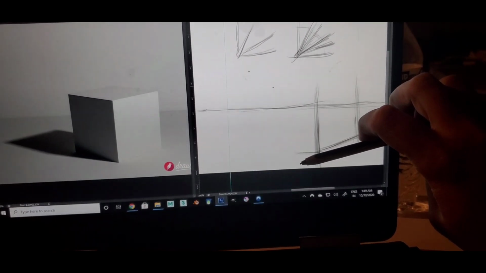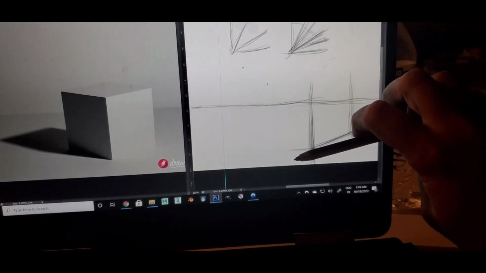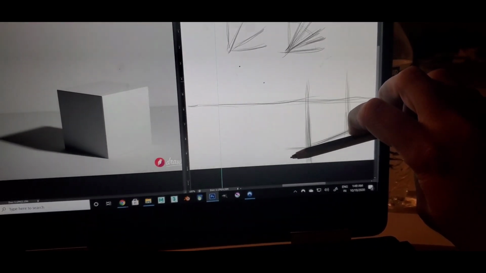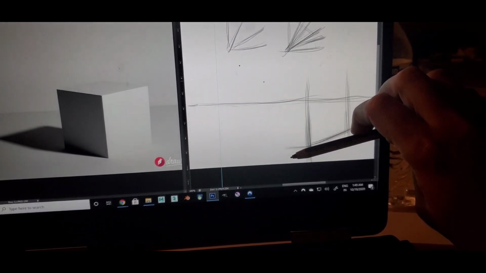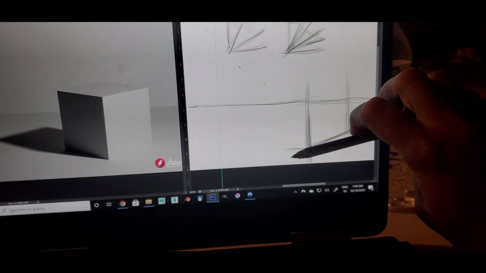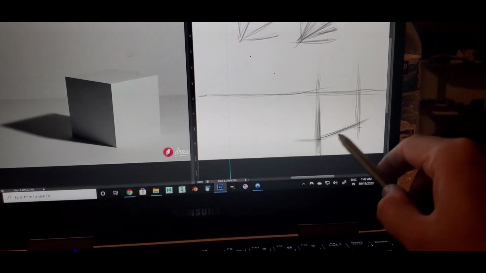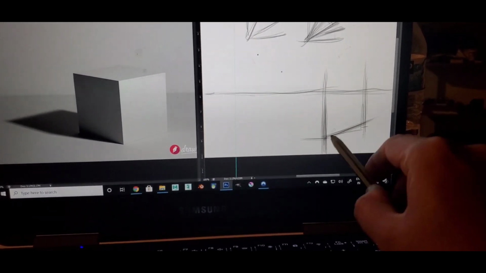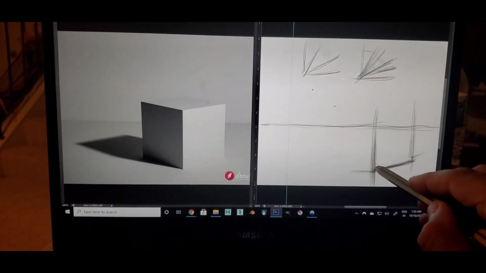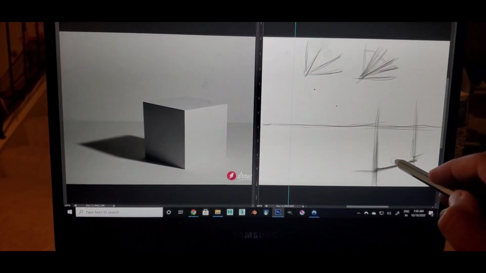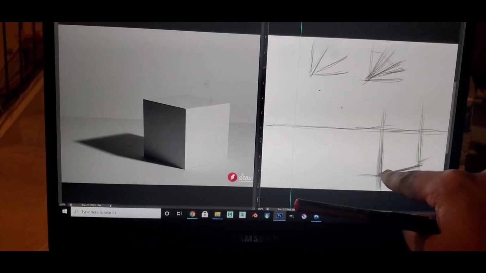After making that rough line, now I know how much I need to correct my previous line. So I have to move this corner a little down over here. Then again I will correct this. Alright. So I got this angle.